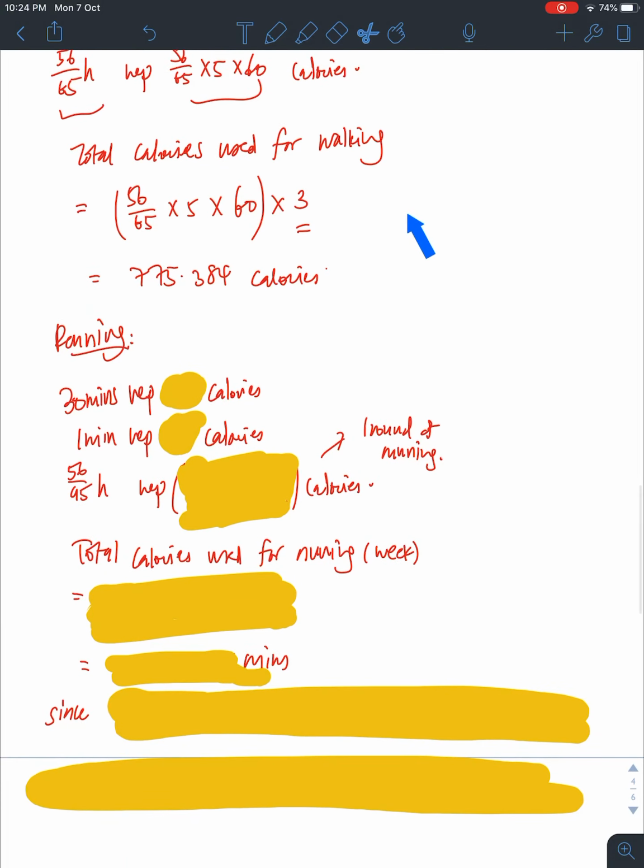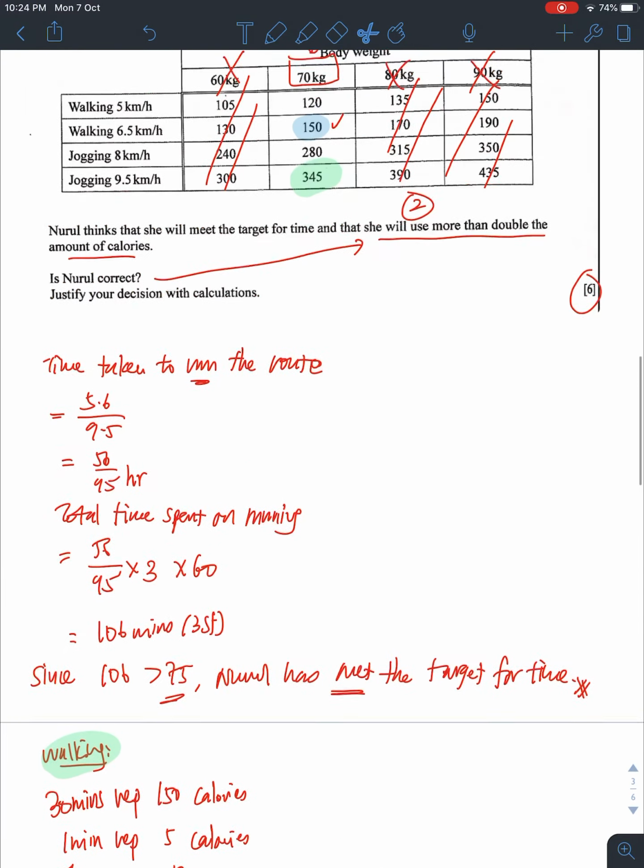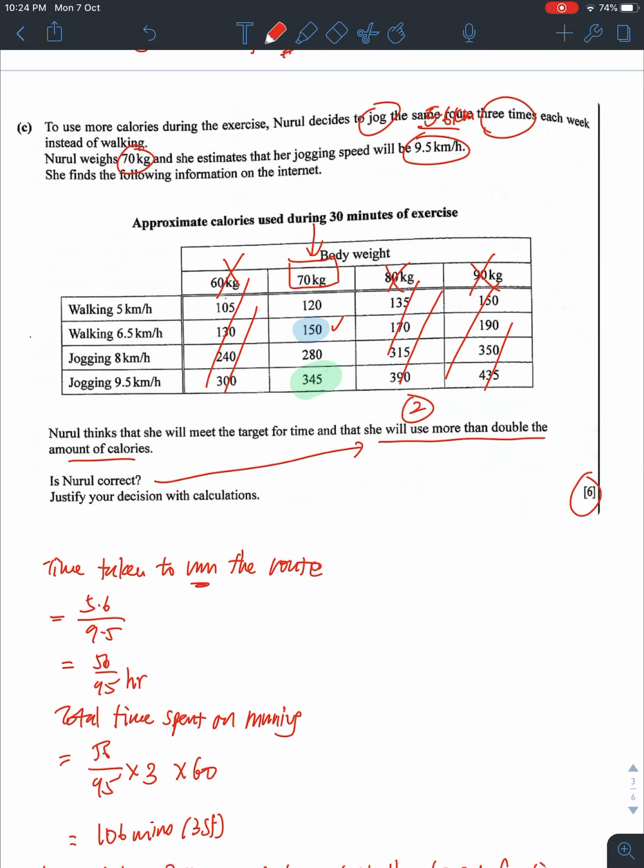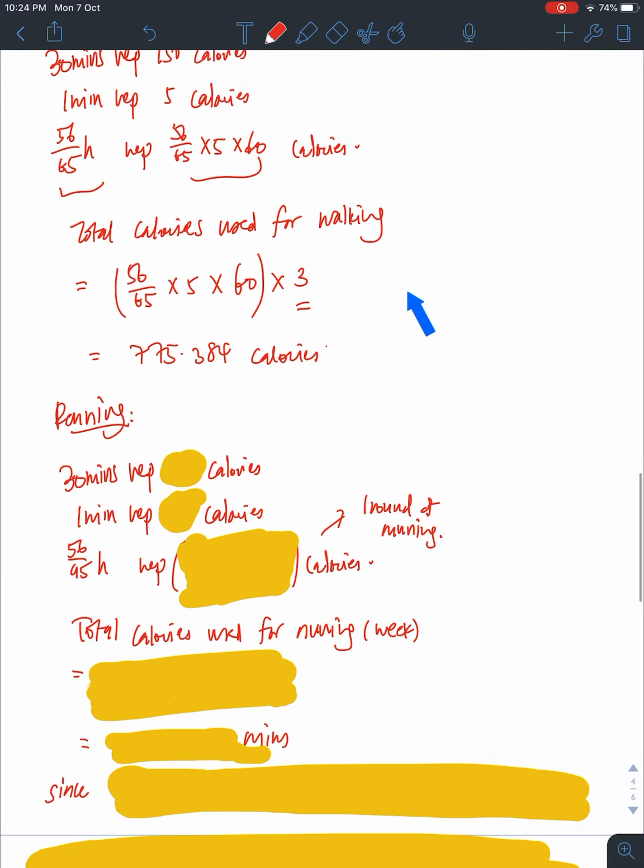Now let's consider the running. When she runs, we should be looking at this quantity, 345 calories used per 30 minutes of exercise. So 30 minutes represent 345 calories, and 1 minute represents 345 divided by 30. This is the time she takes to run one round, so it represents this amount of calories multiplied by this time. But we need to multiply by 60 because this is in hours, not minutes, I hope you realized.